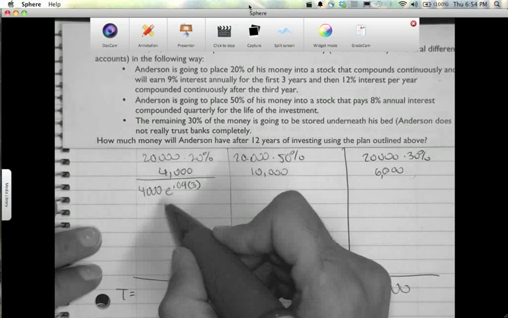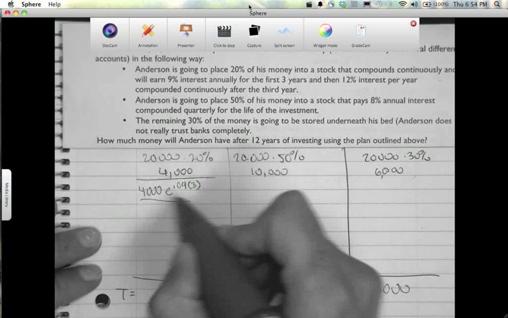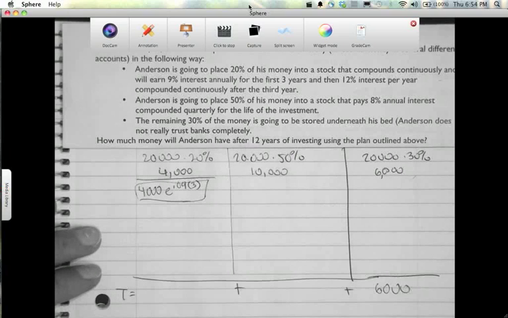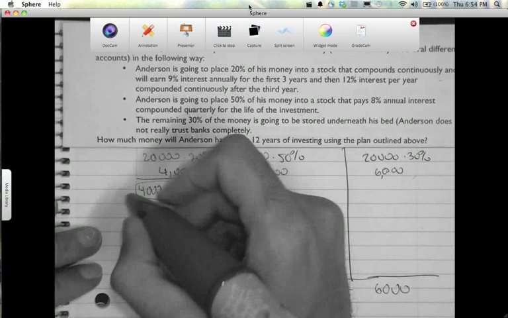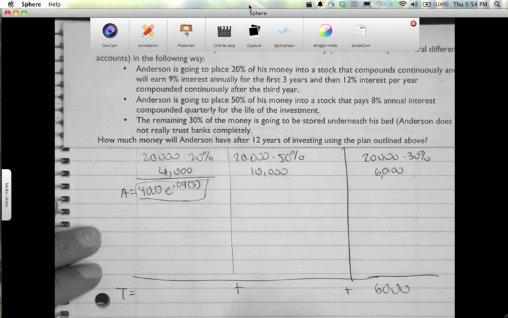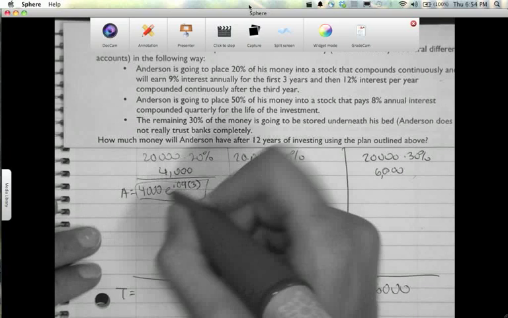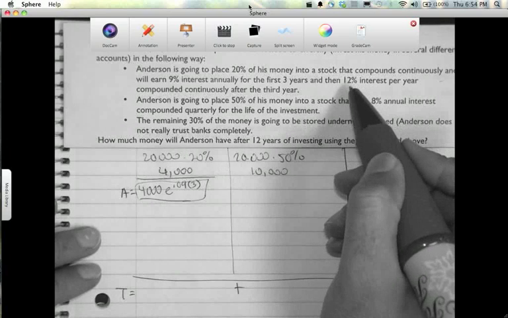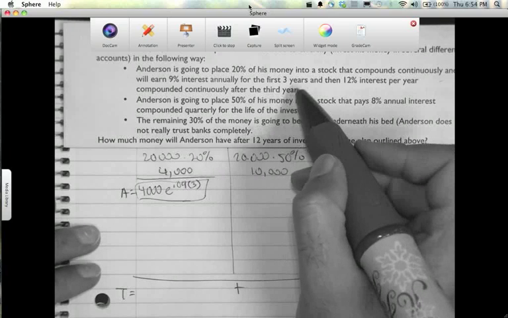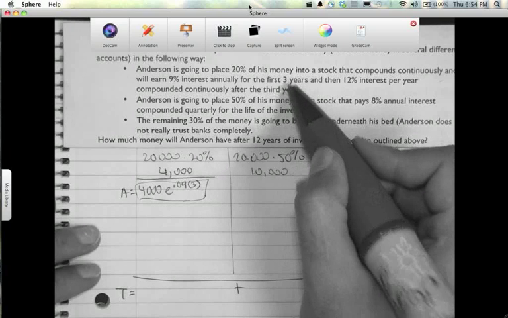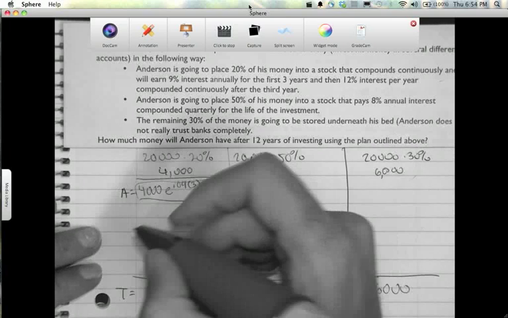So the first thing that I need to do is find out what this value is, and then that value will dictate what happens to the next part of the problem. Let's call this A. A is 4,000 times E to the 0.09 times 3. The next part of the problem says it's going to invest at 12% after the 3rd year. Well, that would be year 3 through year 12, so that would be 9 years.